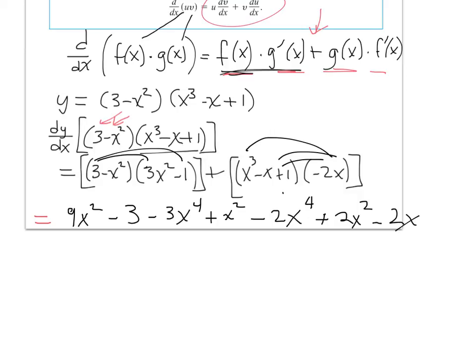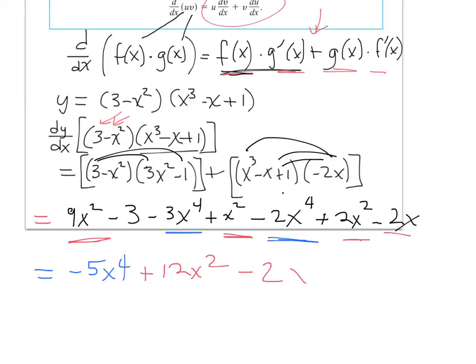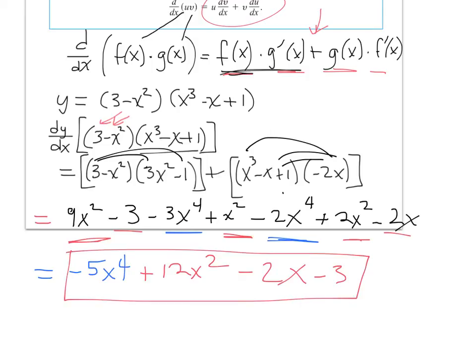Now, of course, I'm going to go through here and see, okay, there's a 4th power. There's a 4th power. So negative 5x to the 4th. There's a squared, and there's another one, so plus 12x squared, and then I have that, and that's very patriotic, and that's my final answer.